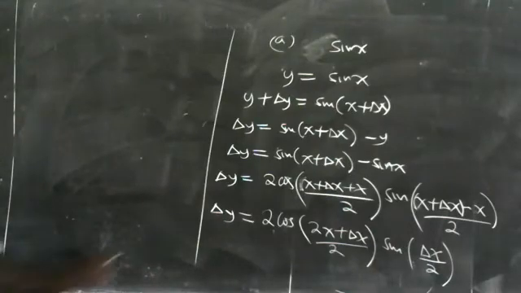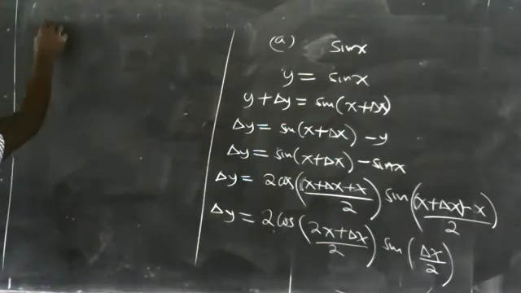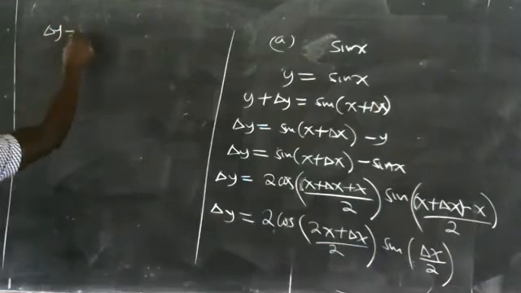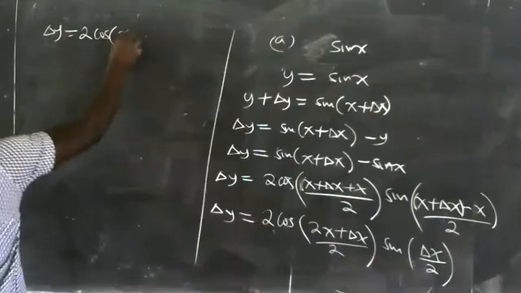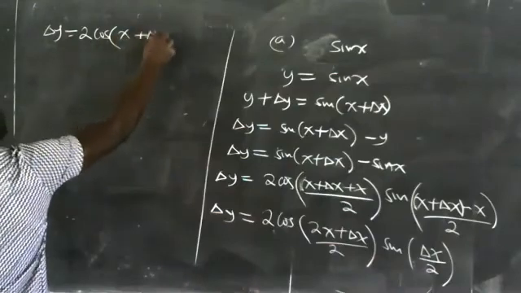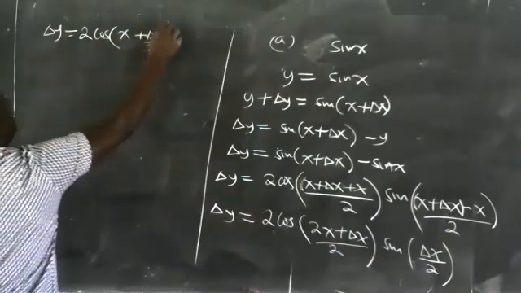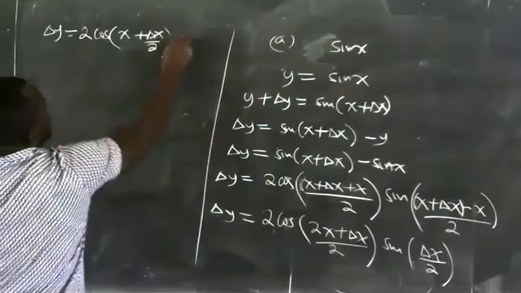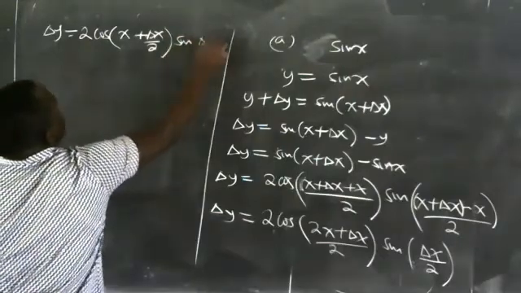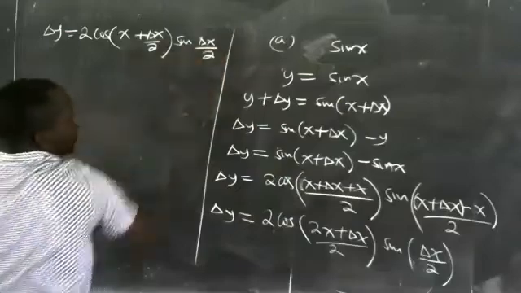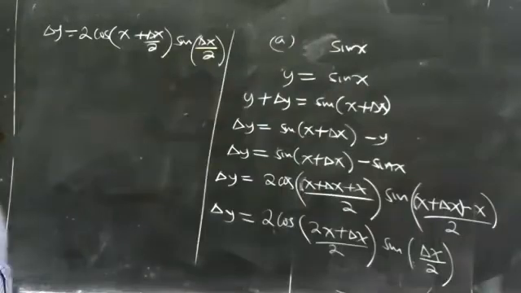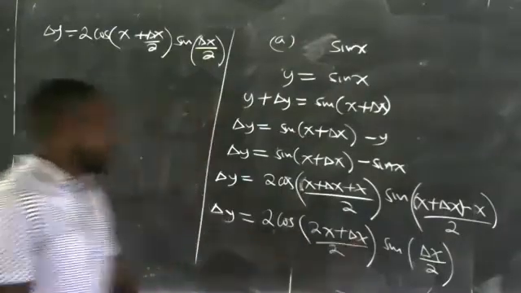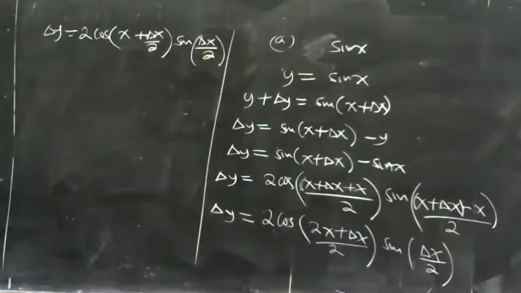Or you can have this part here: 2 change in y equals 2 cos of x plus change in x out of 2, then sine of change in x out of 2. This part here is divided by this 2 here, and again by 2. Remember, differentiating, your aim is getting dy/dx.